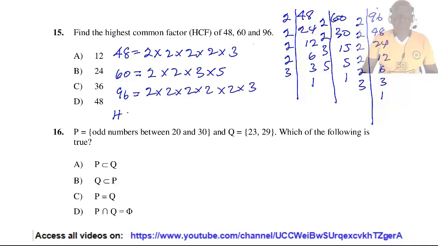Now the HCF: 2 is common to all three, so 2. Then another 2, 2 times 2. Then 3 is not common to all, so we stop. So the HCF equals 4 times 3, that is 12. So the answer is A.